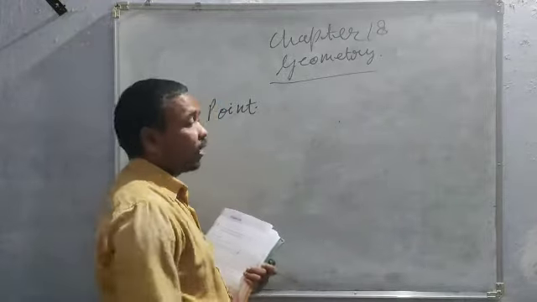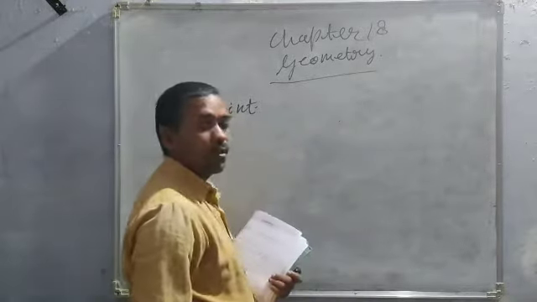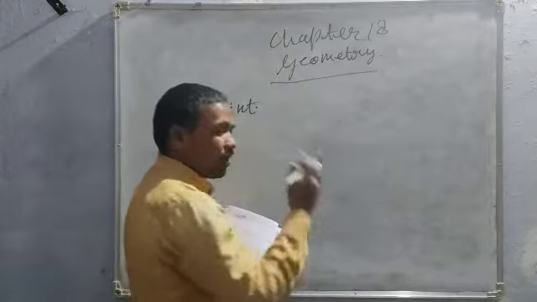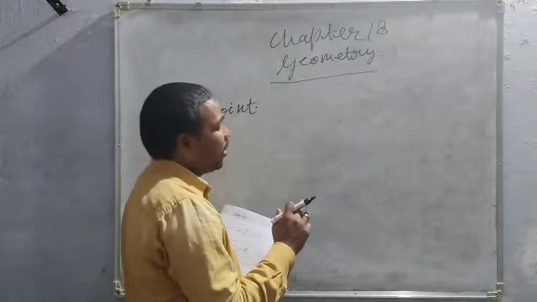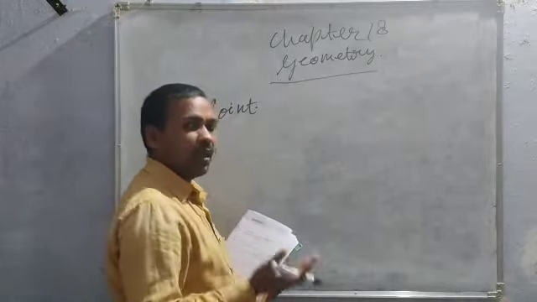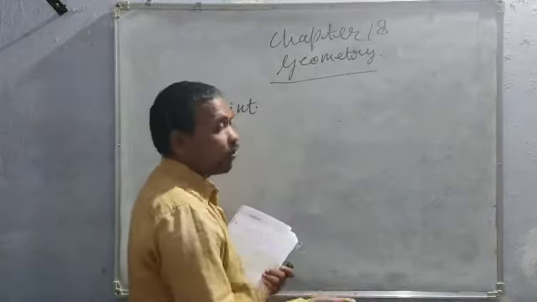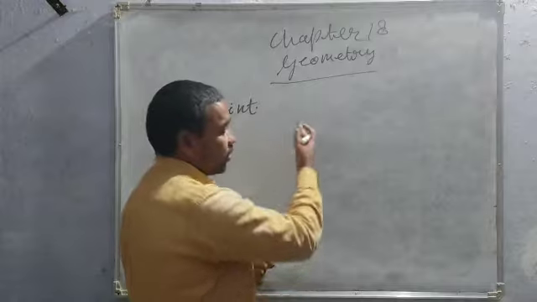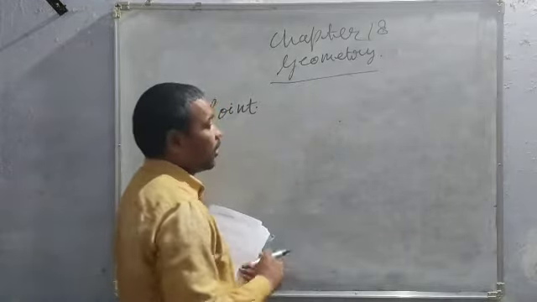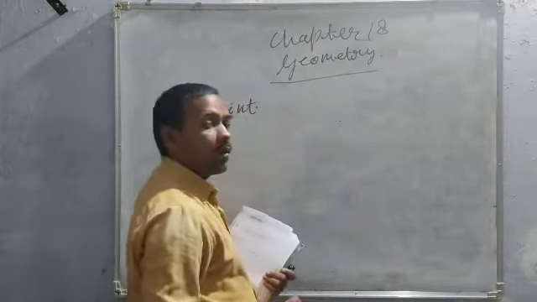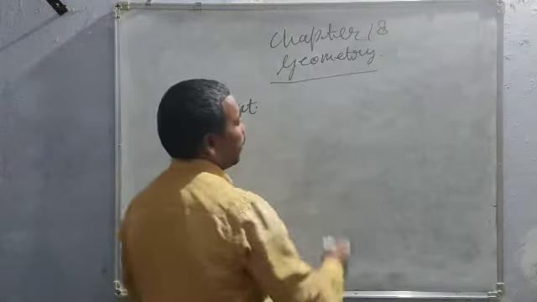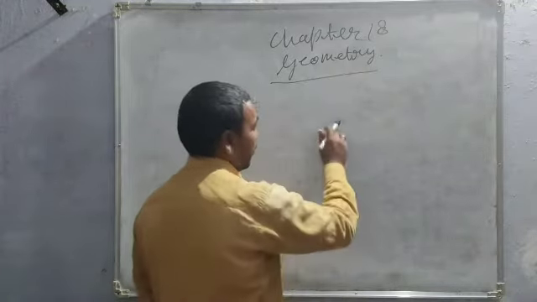Since it is supposed that it has no length, no breadth, but it has some little length and breadth, the dimension is very less, so we ignore it and say it has no length, no breadth, that is, it is a dimensionless quantity, and we will represent a point by using a capital letter.